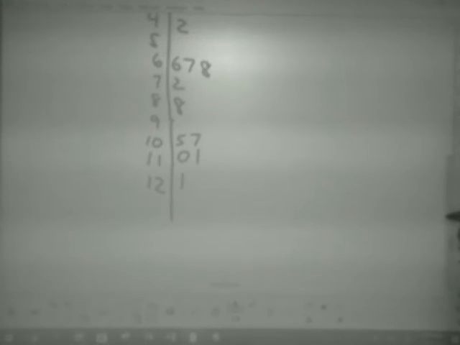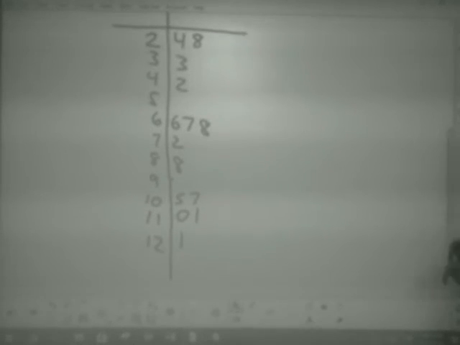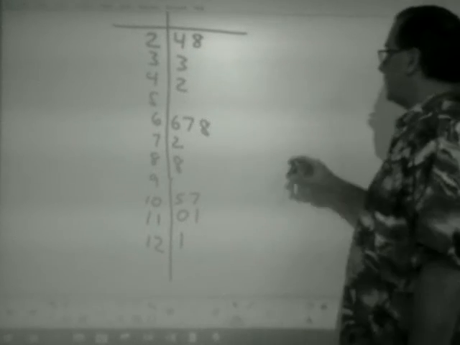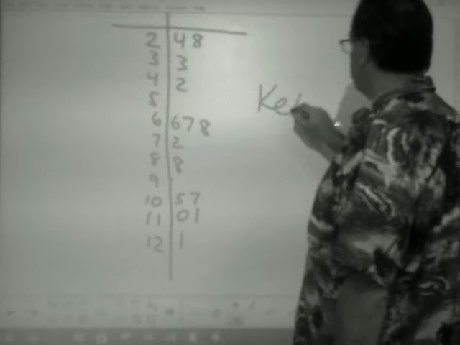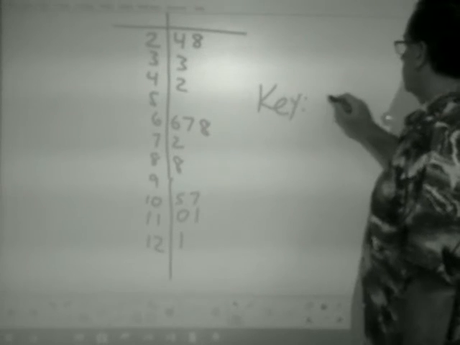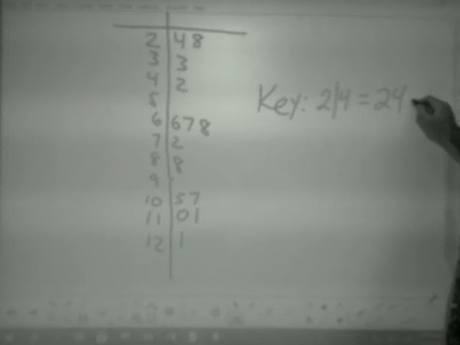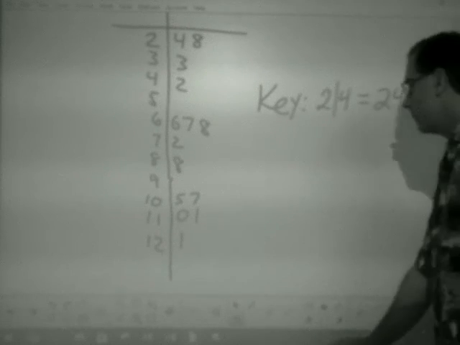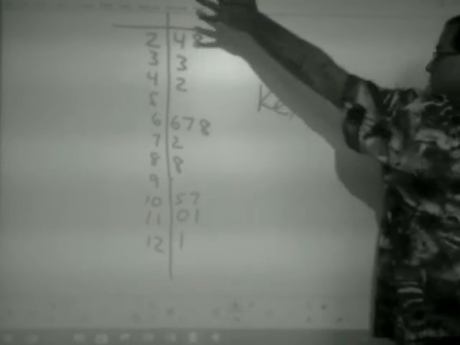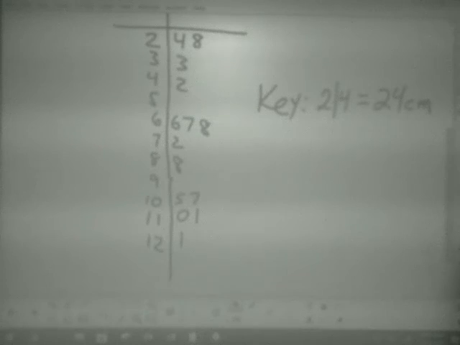And that would be a stem and leaf plot for the data, except I don't have a key. So I have to have a key. 2/4 equals 24 centimeters. Now this has value to it.